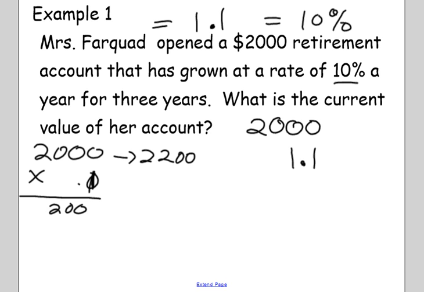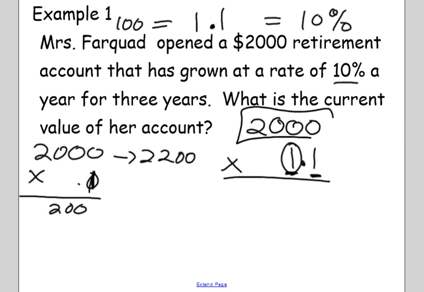That, of course, would mean 100%. And what this new decimal is really saying is I want to keep that $2,000, that whole 100% that I already have, and I want to include that 10% additional. So I can make it 1 standing for 100%. So I want to keep the 100% of this, but I also want to have this here, right?